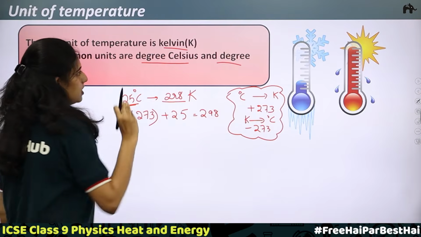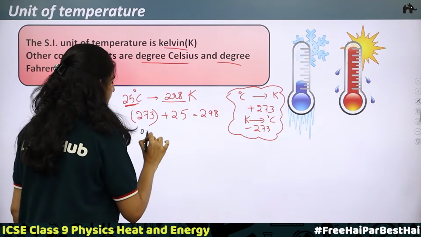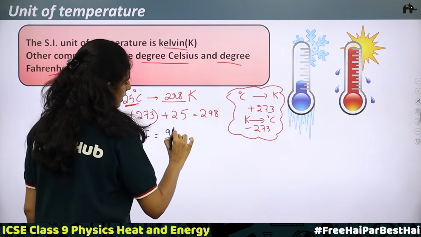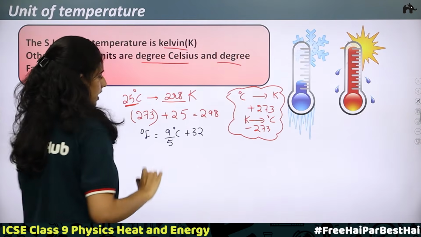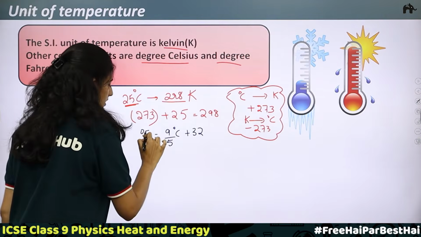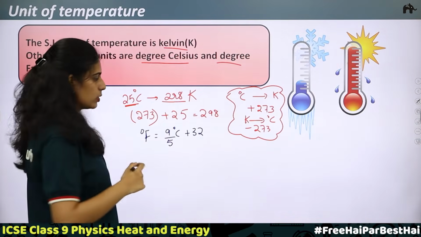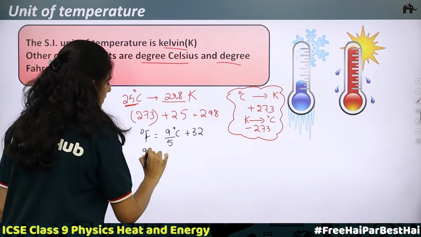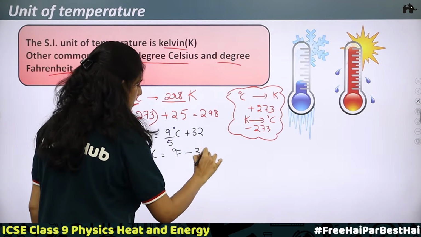Next, what is the relation between degree Celsius and degree Fahrenheit? Degree Fahrenheit is equal to 9 by 5 times degree Celsius plus 32. So this is the relation. If the temperature is given in degree Fahrenheit and you want to find the temperature in degree Celsius, we have 9 by 5 degree Celsius equal to degree Fahrenheit minus 32.